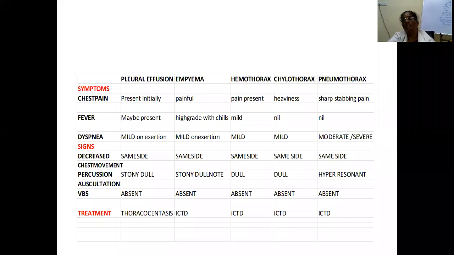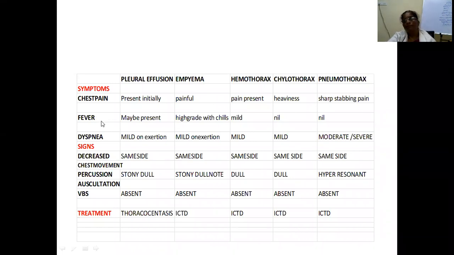Once the fluid collects, the parietal pleural irritation disappears, and there will be no pain. In empyema, because of the pus, it is always painful. Pneumothorax, pain may be present because of trauma. And chylothorax, there won't be any pain, it's only because of fluid, we may have heaviness. And pneumothorax generally presents with sharp, stabbing chest pain.